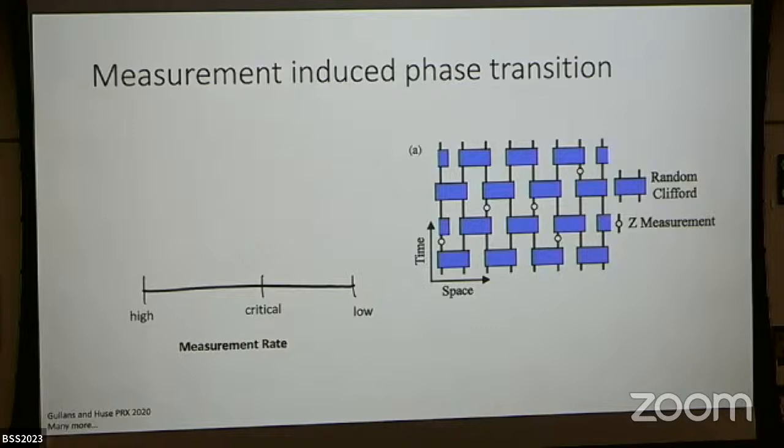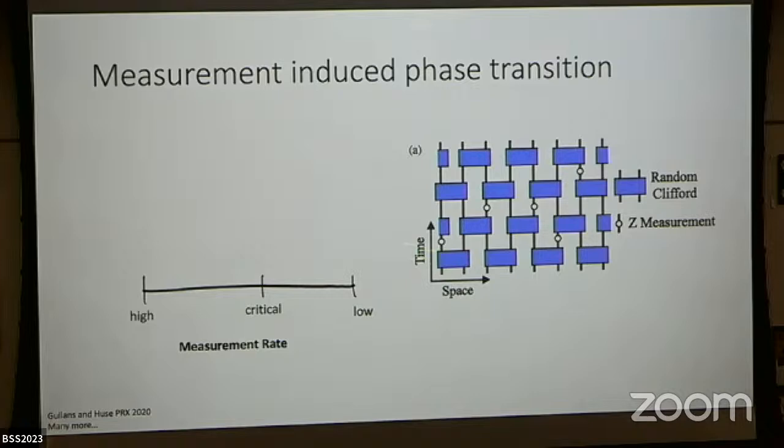Today I'm going to be talking about magic in the context of a measurement-induced phase transition. So I'll review very briefly what I mean by that. In this popular example of such a transition, we have our qubits here in space, and time is going vertically in this picture.